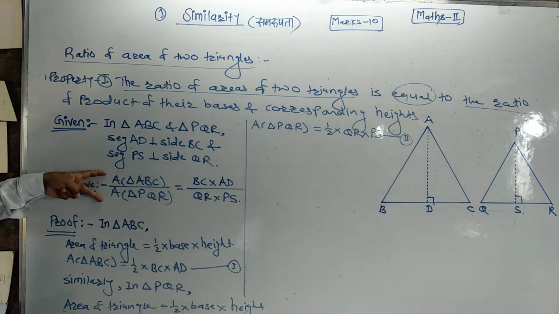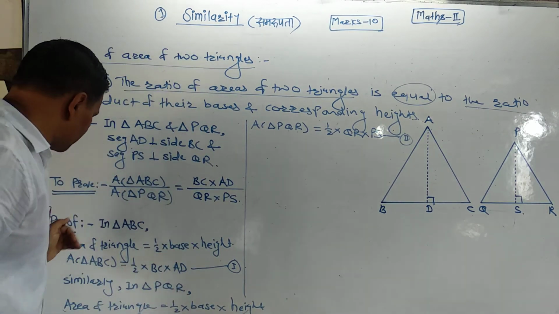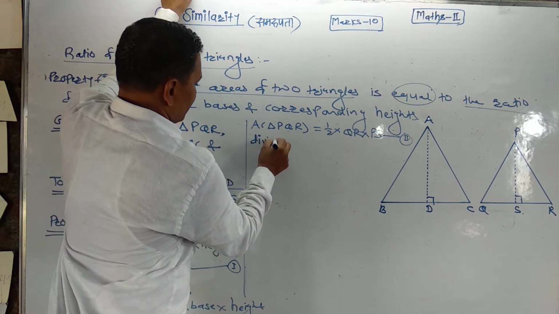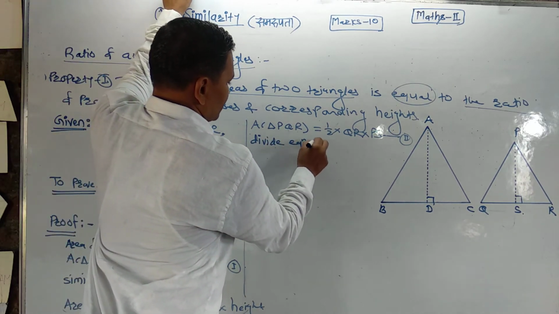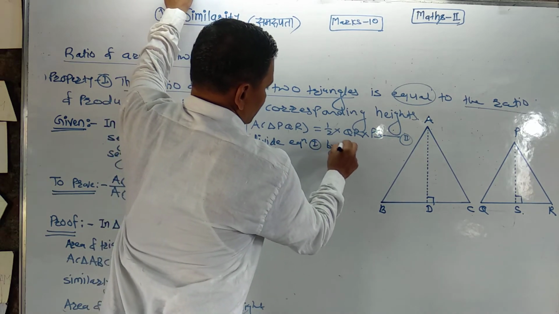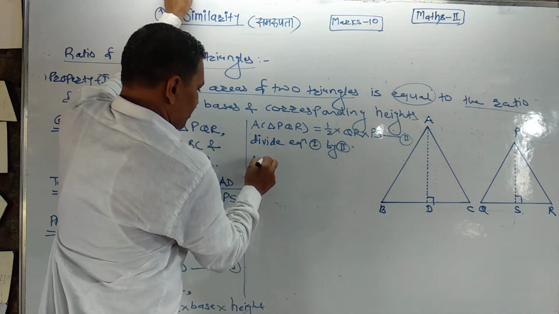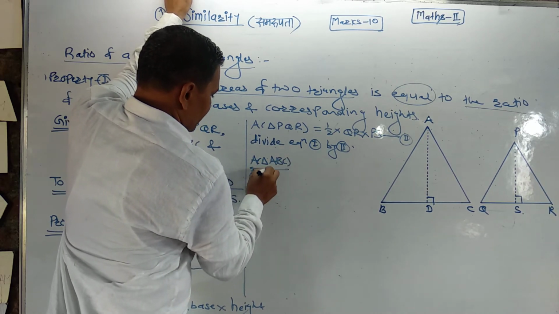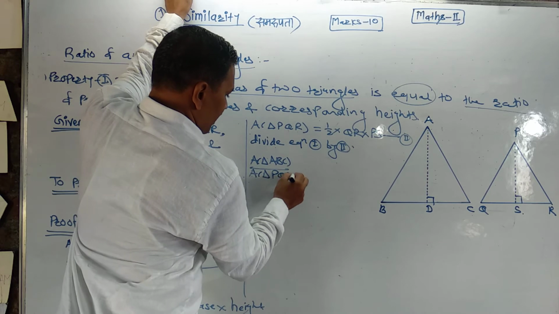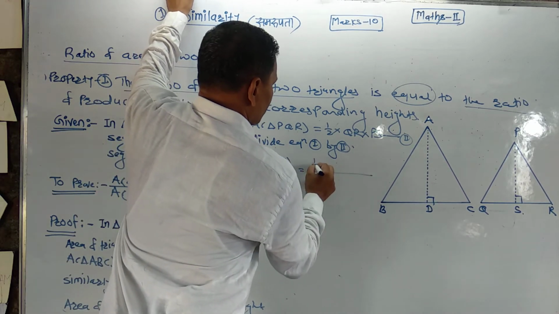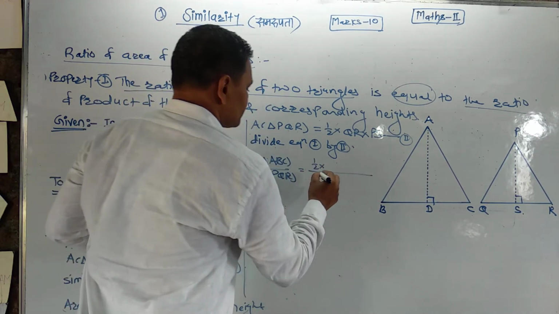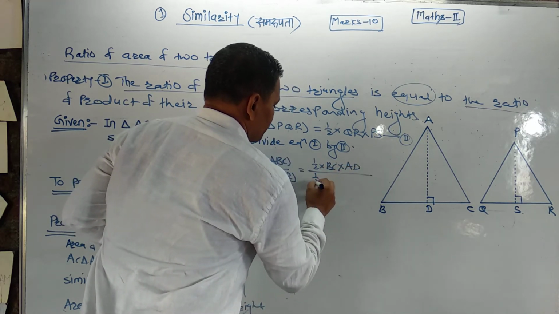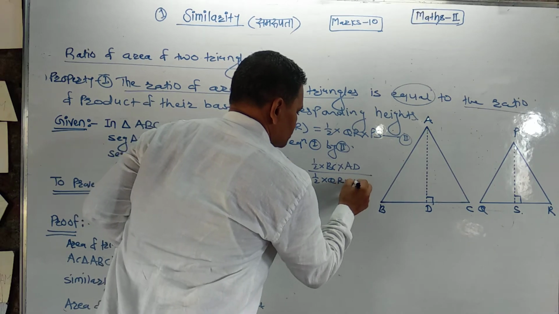To find the ratio of areas of two triangles, we must divide equation first by second. We get area of triangle ABC divided by area of triangle PQR equals 1 by 2 into base BC into AD divided by 1 by 2 into QR into PS.